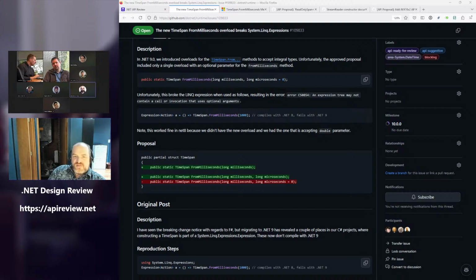Because the rule is once you have 2 or more default parameters, make a simpler version that has no default parameters. This one only had 1. Oh, it's because of the number of them? No, but I mean, if you take, for example, FromSeconds, there are 3 overloads. There's one that takes 1 double, there's one that takes 1 Int64, and there's one that takes 2 Int64. So we could do the same here. Right.